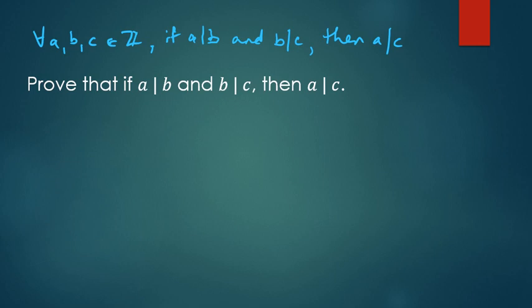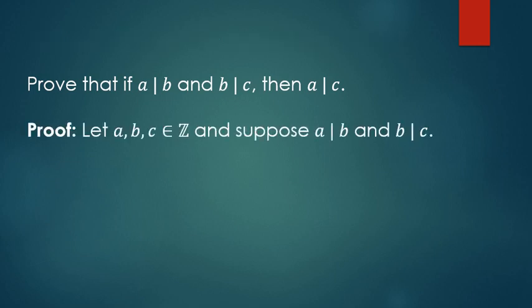So we're going to assume, or let, or suppose we have three arbitrary integers A, B, and C, and we're going to assume that A divides B and that B divides C. Now, thinking back to the previous video, what does it mean by definition for A to divide B? And also by definition, what does it mean for B to divide C?